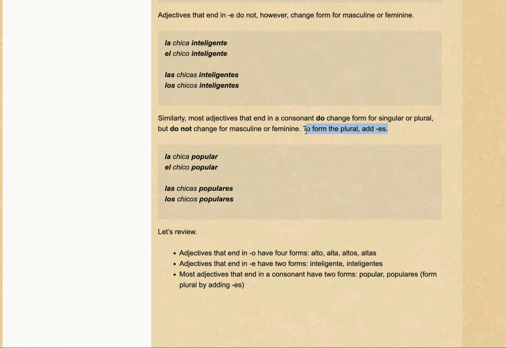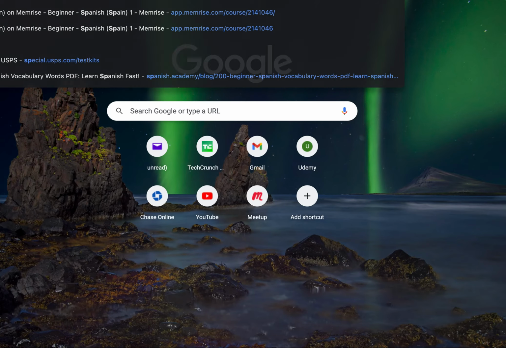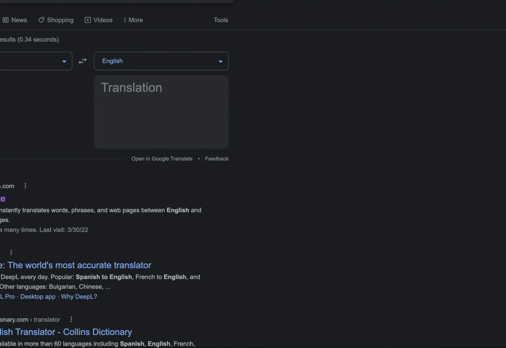So let's take a look at a few examples. So we have la chica popular, el chico popular. And before we go ahead, let's just make sure that the pronunciation of popular is correct. So just give me a moment here. Let's look at the Spanish to English translation.